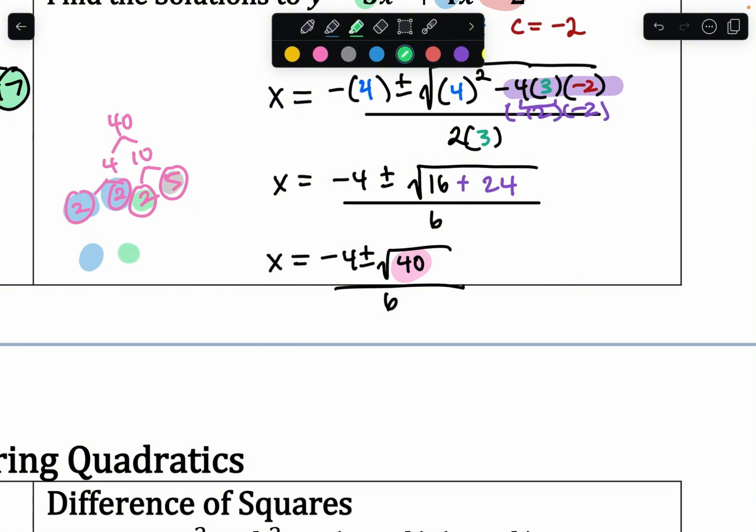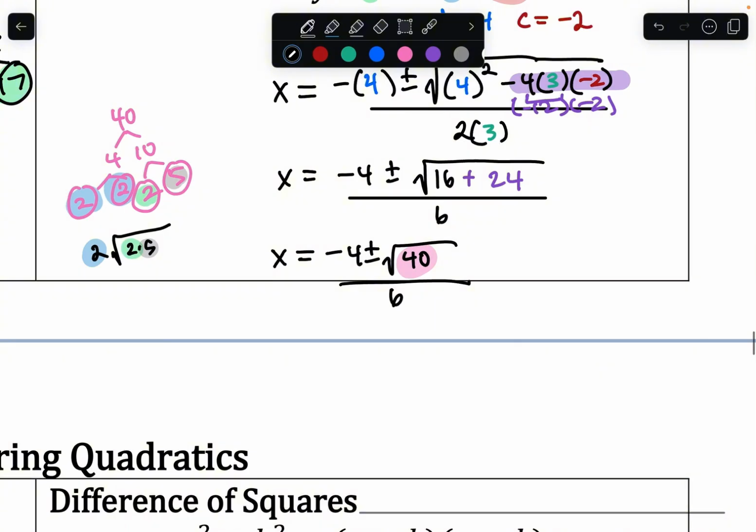So the 2 and the 5 end up getting written right back inside. The 2 that pairs up gets written outside. And so that simplifies to 2 square roots of 10. So coming back over here, I've got that negative 4. I've still got the 6, but now I have plus or minus 2 square roots of 10.